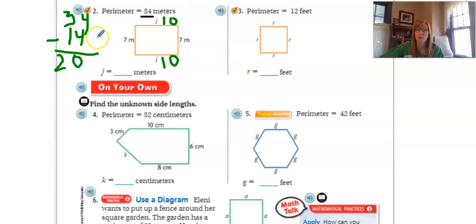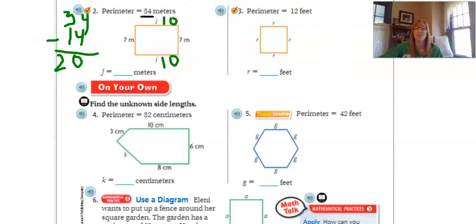Just like we got 14 by adding 7 and 7, to get the 20 we add 10 and 10. All of this should add up to 34 because it's the perimeter, the distance around. So 10 plus 7 is 17, plus 10 is 27, plus 7 is 34.